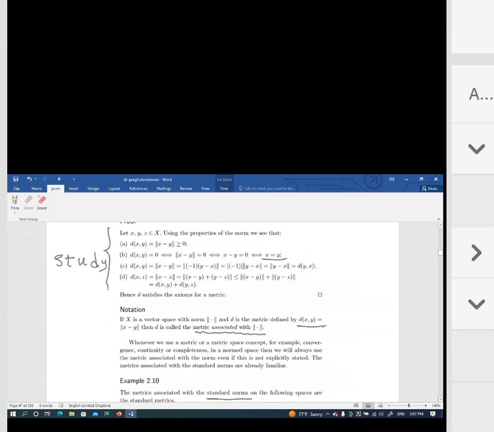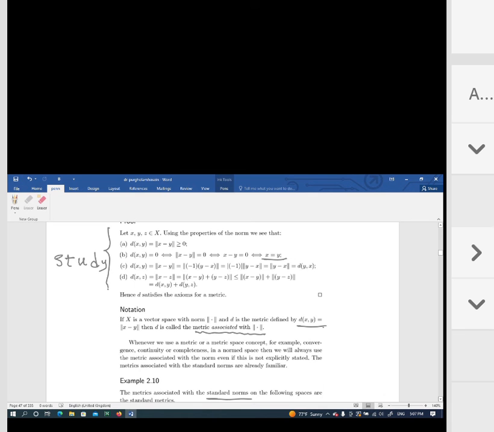Notation. If X is a normed space with a norm, and d is defined by d(x, y) equals the norm of x minus y, then d is called the metric associated with the norm.